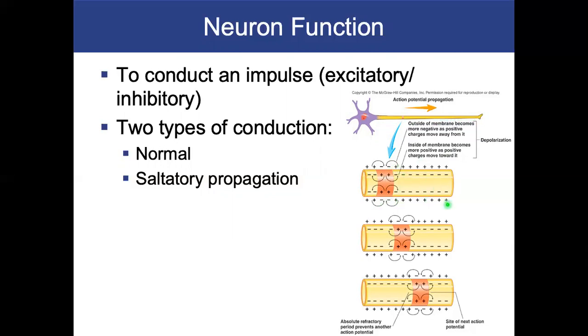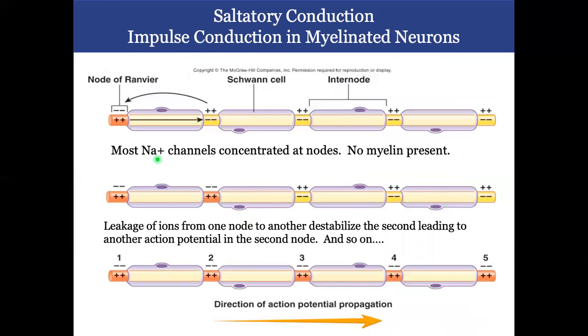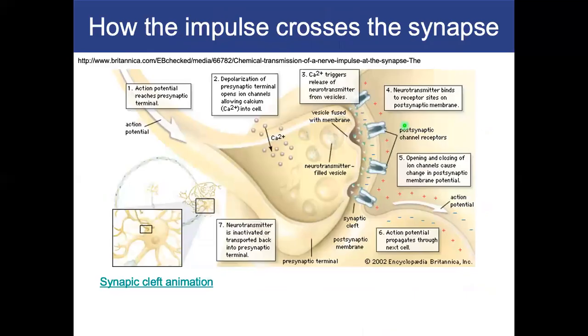Saltatory propagation is when there are nodes of Ranvier exposed, so that node depolarizes, then it jumps to the next node, then the next node, then the next. And this increases the conduction velocity. This is usually found in reflexes and places where you want to increase nerve conduction velocity.